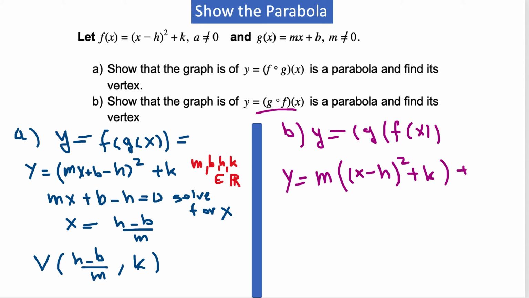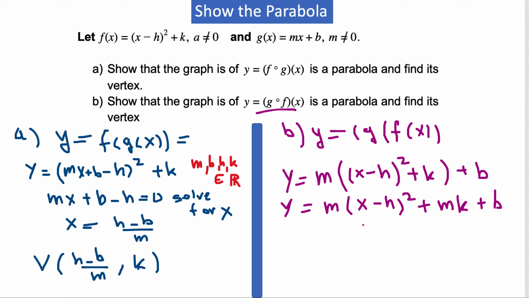The b is outside. If I multiply everything and rearrange a little, m is in front of (x minus h) squared, and m times k gives plus mk, and plus b.